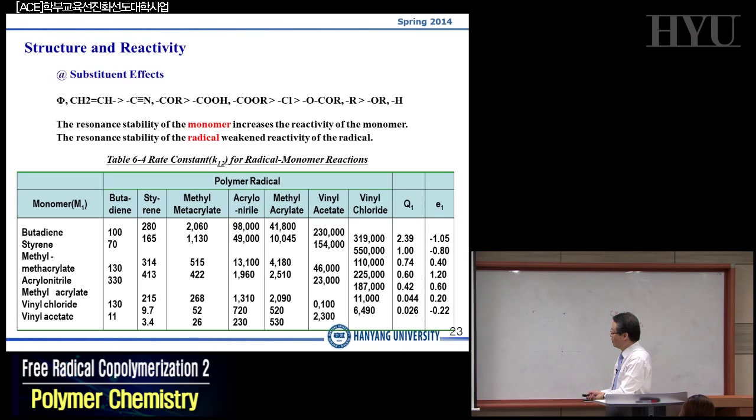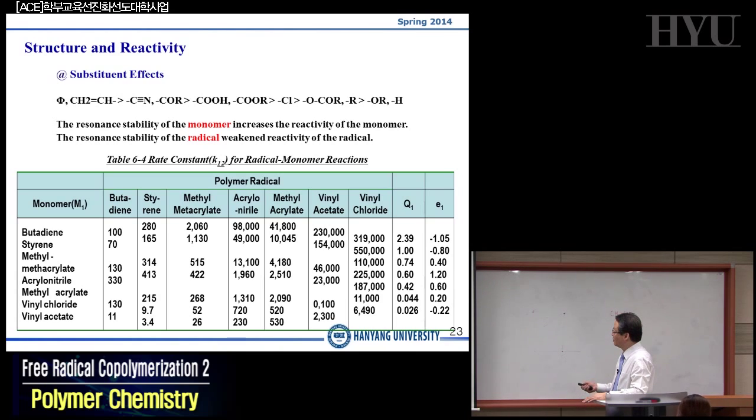So if Q1 increases from bottom to top, the arrow is indicating that this increases, whereas E1 is a polar effect, and the polar effect does not follow the same trend as Q1.